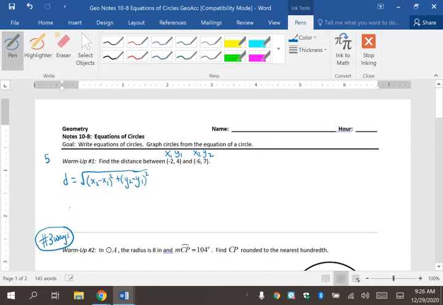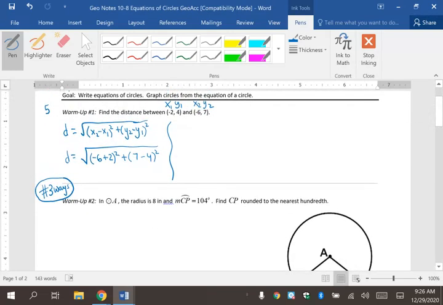Okay, so we label the first coordinate point as x1, y1. We label the second coordinate point as x2, y2, and we plug in the particular numbers into each part of the equation. So we have -6 minus -2 squared plus 7 minus 4 quantity squared. We will simplify.